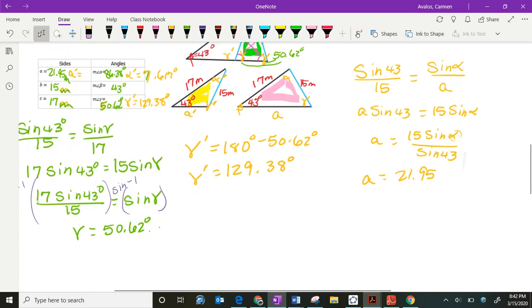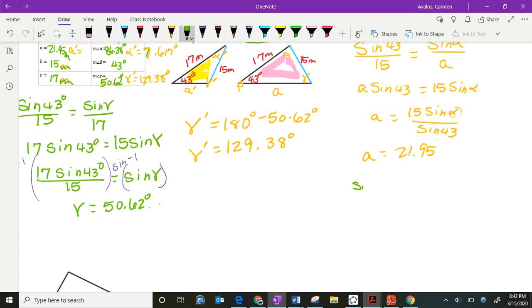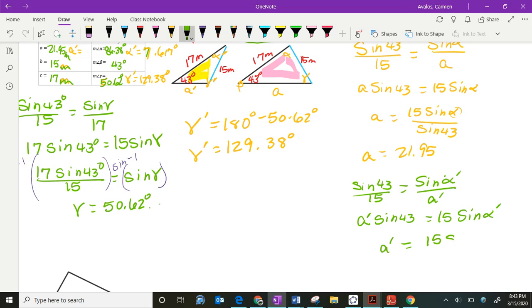And then we have to do the same thing with the other side. So again, the sine of 43 over 15 has to equal the sine of alpha prime over A prime. And so we get A prime sine of 43 equals 15 sine of alpha prime, and then A prime is going to be 15 times sine of alpha prime, which should be stored in your calculator, over sine of 43 degrees.